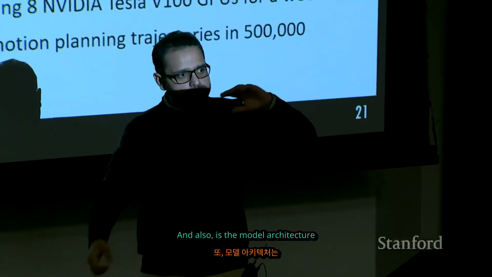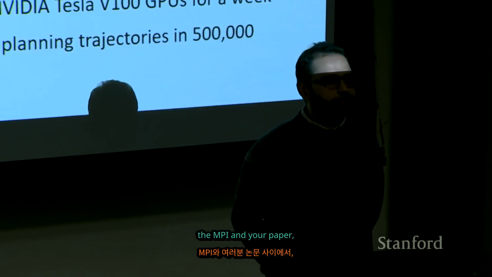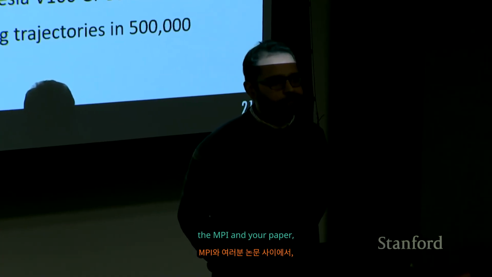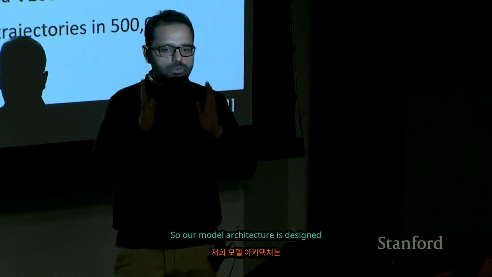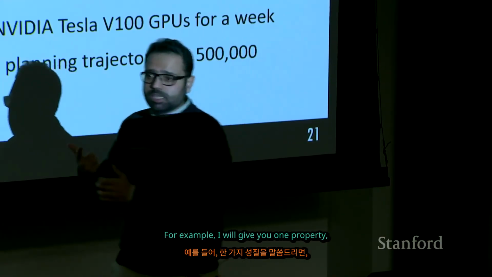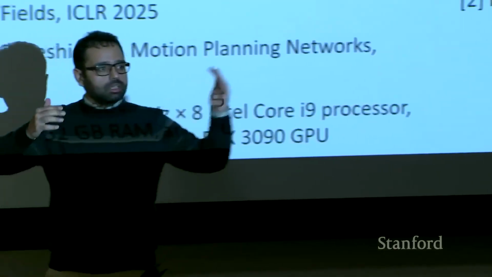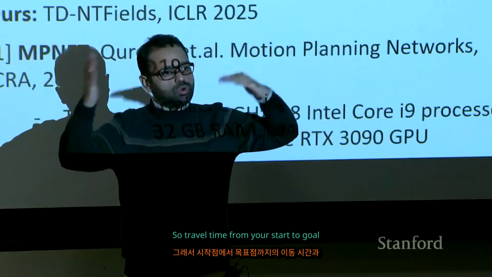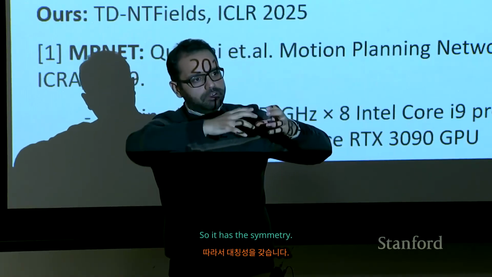And also, how different is the model architecture between MPiNet and your paper? Our model architectures are very different. Our architecture is designed to respect some properties of the eikonal PDE. For example, it has the symmetry property: travel time from your start to goal and travel time from your goal to start should be the same.